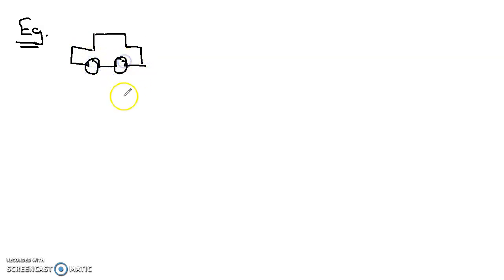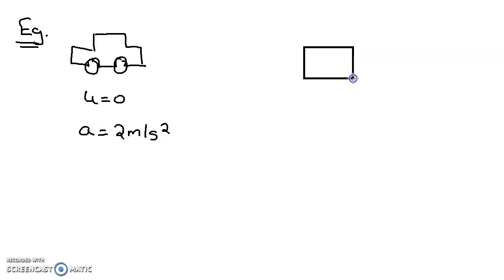So there is one problem. Let's see, there's a car and I draw a car. It is at rest, but its acceleration is 2 meter per second square. And then there is another car.